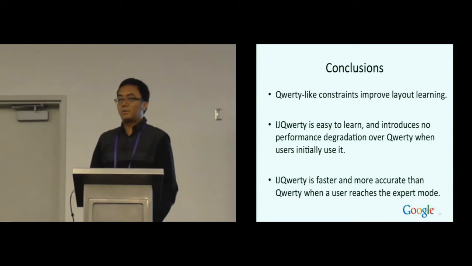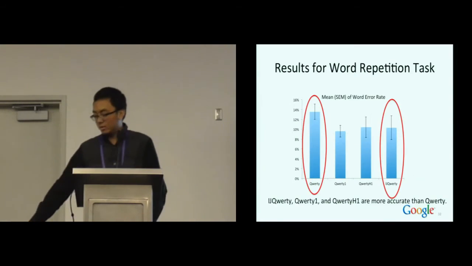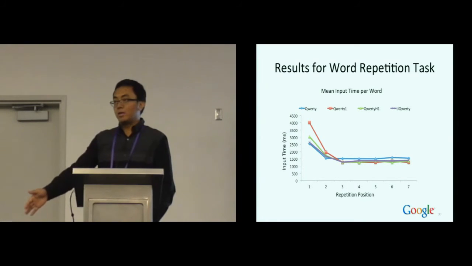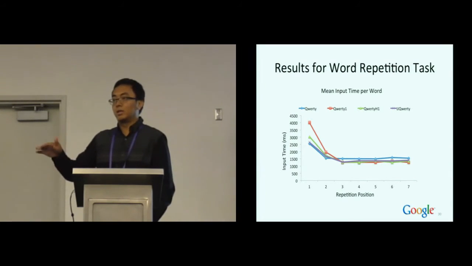So actually, to simulate expert mode, it's in a second study, which is word repetition. It's not phrase repetition. Basically, you enter the same word multiple times in a row. The reason we believe it simulates expert speed is that if you look at the time you need to enter a word in the repetition, starting from the third repetition you kind of reach a ceiling. So it means that at this stage, your performance is mostly determined by your motor ability, not by whether you're familiar with the layout, or whether you need to search for it.